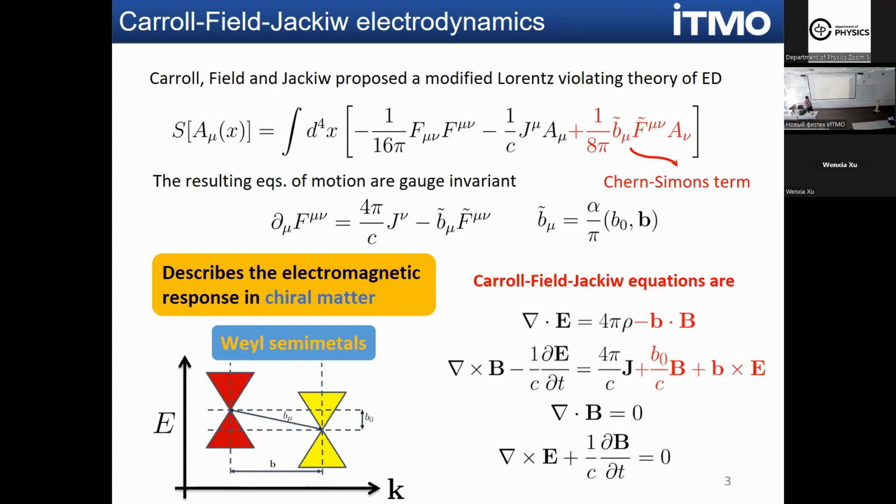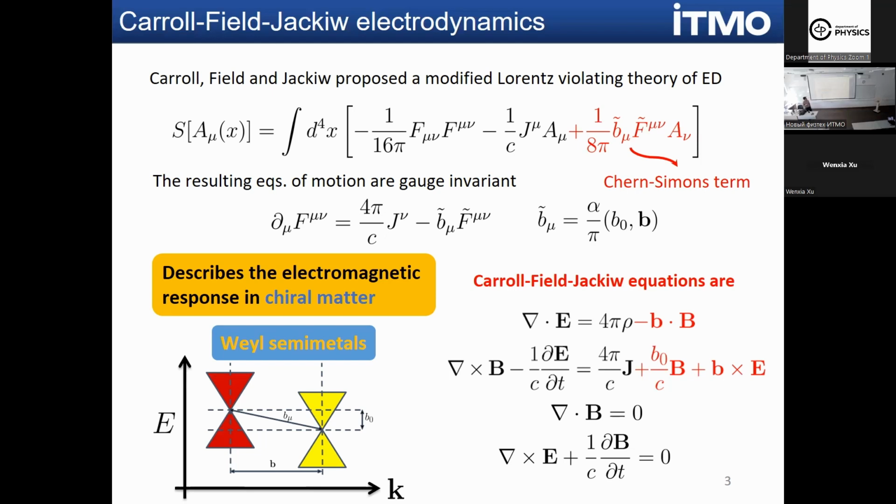This Chern-Simons term couples the dual electromagnetic tensor F, a constant four-vector B, and the gauge potential A. This model breaks Lorentz symmetry explicitly because of the constant four-vector, but preserves gauge invariance.